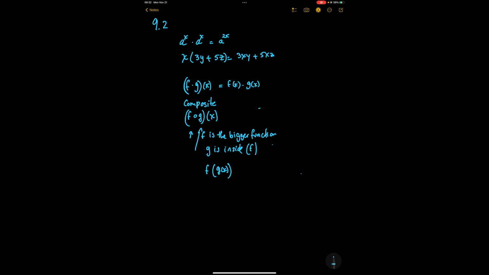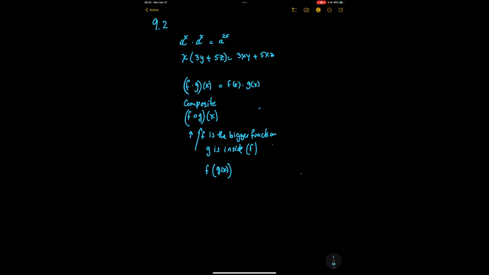So what that means is x is both an element of g and f, but you first put x inside of g and calculate g of x.